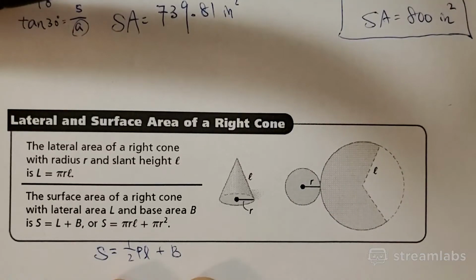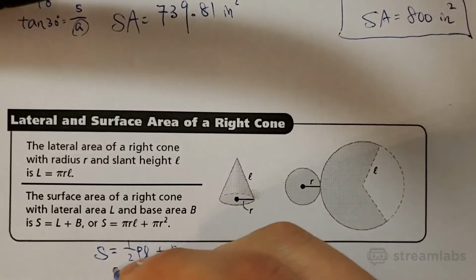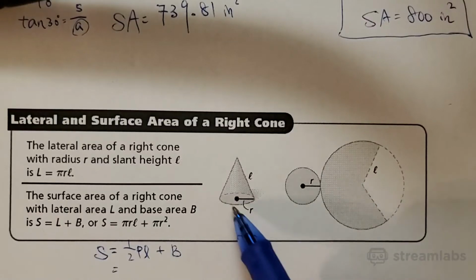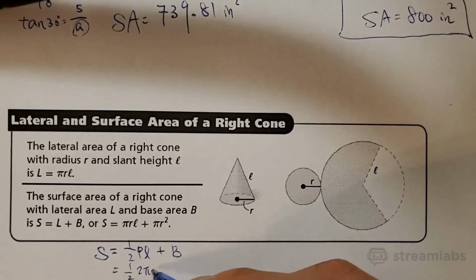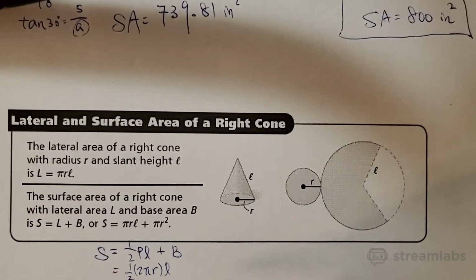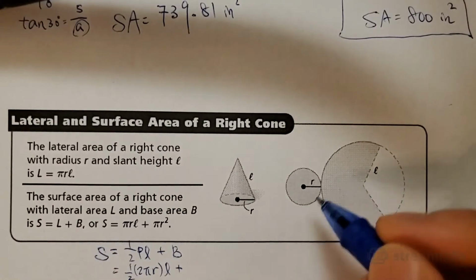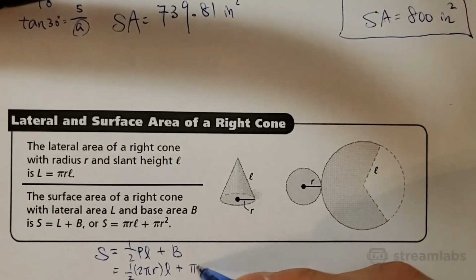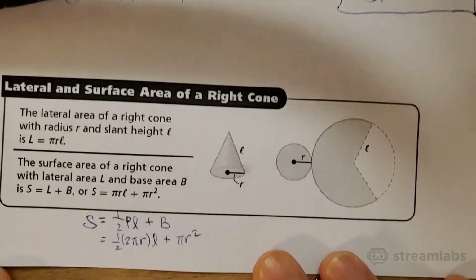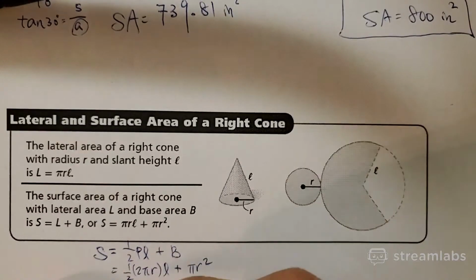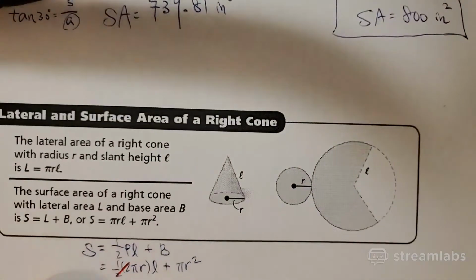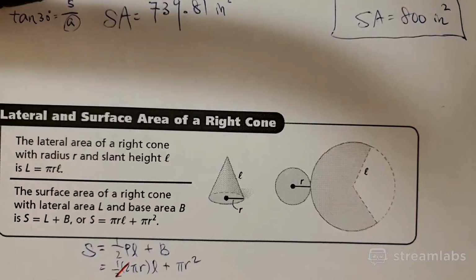Now, perimeter for a circle is 2 pi r. That's the circumference of a circle. Slant height is still slant height. What's the base? Isn't the base a circle? So it's pi r squared. Now look at it. You see how 1/2 and 2 can cancel?